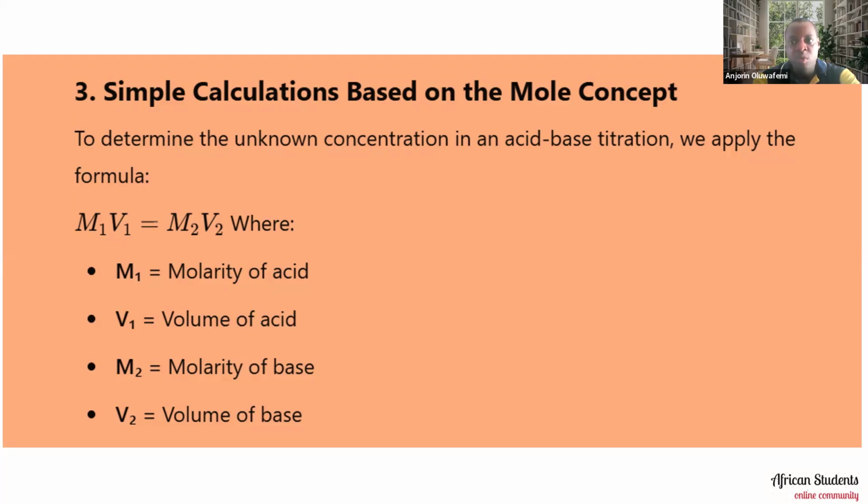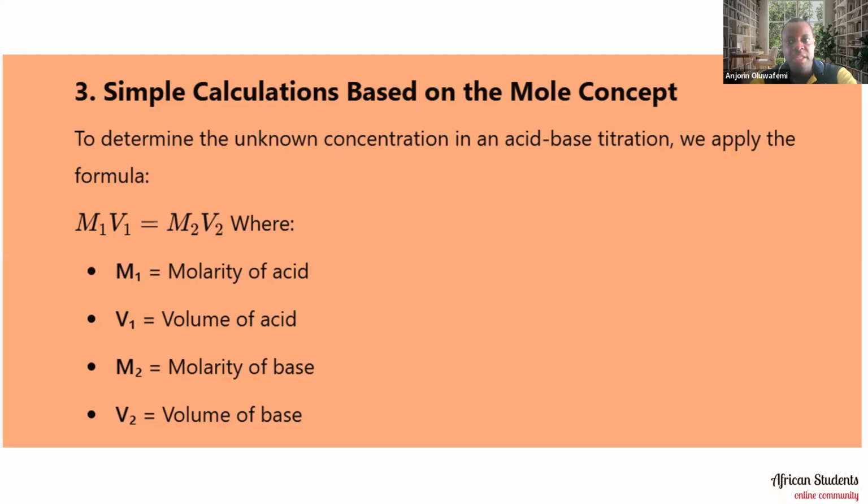Let's go over it one more time. I think I made a mistake. Sorry. Let me quickly correct that so I don't pass on erroneous information. So we use the formula M1 V1 equals M2 V2, where M1 is the molarity of the acid, V1 is the volume of the acid, M2 is the molarity of the base, V2 is the volume of the base.